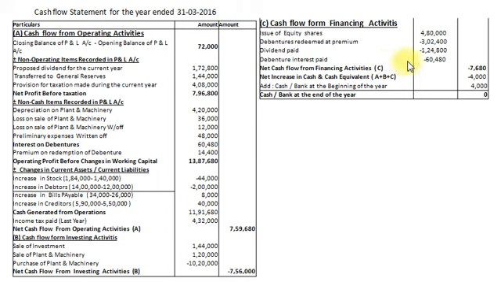Dividend paid 1,24,800 cash outflow. Debenture interest paid rupees 60,480 cash outflow. And finally we get rupees 7,680 negative as a net cash flow from financing activities.